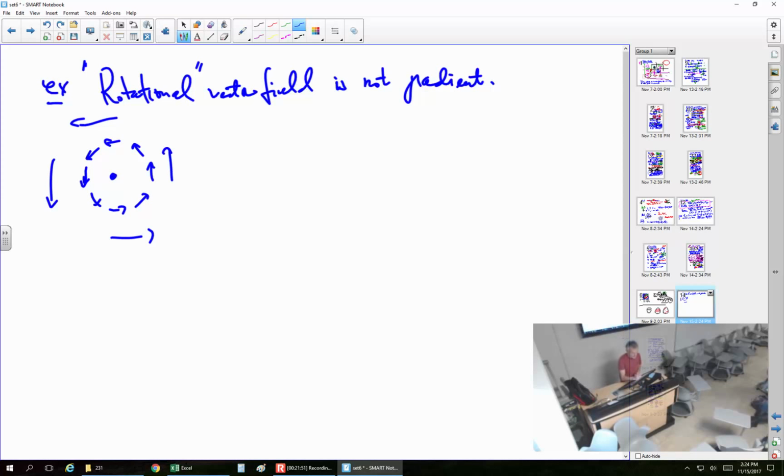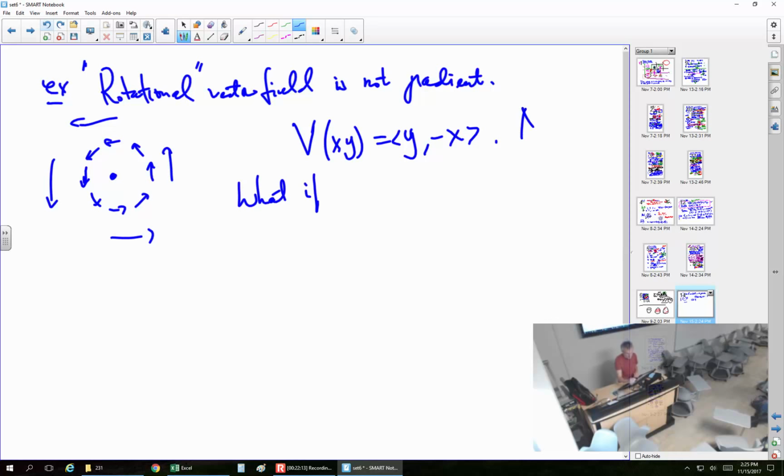So specifically, the one that we had was V(x,y) equal to (y, negative x). Okay. Now the interesting thing is, what if we normalize it? Well, so the answer is no. It is not a gradient.